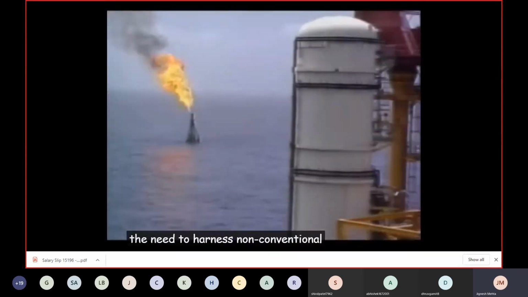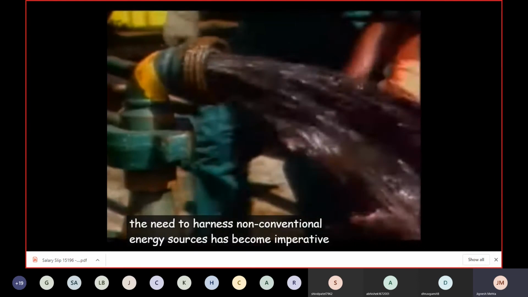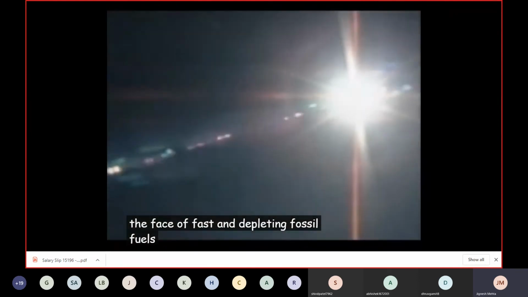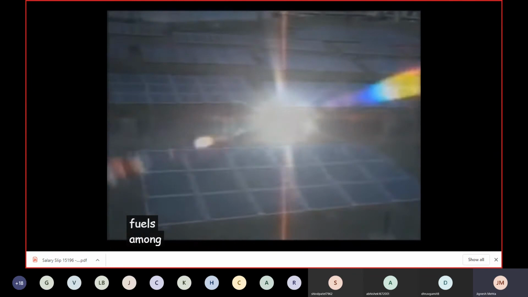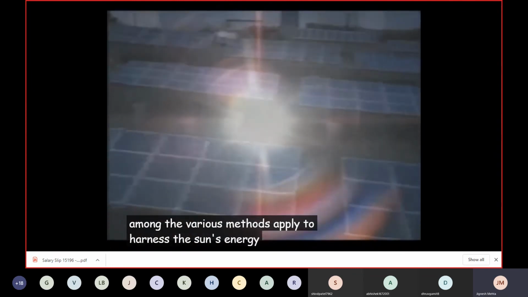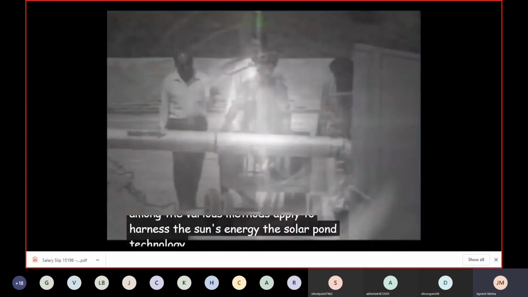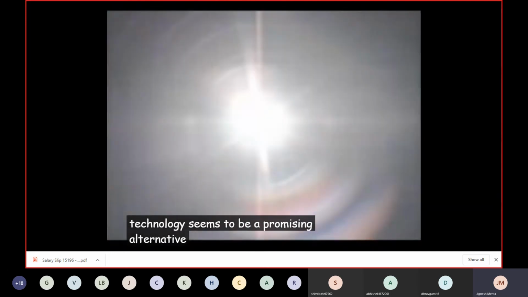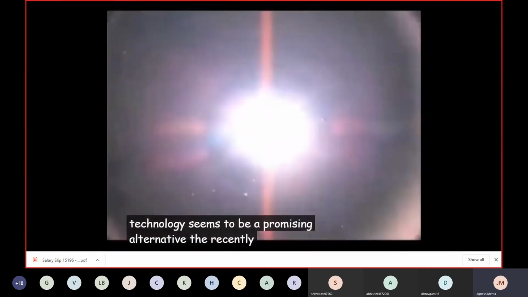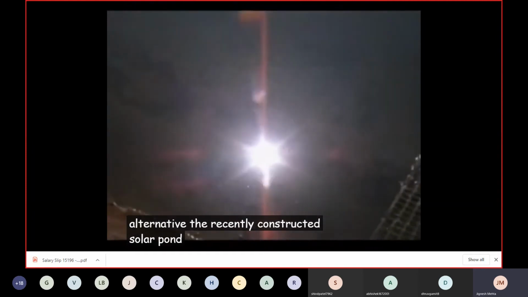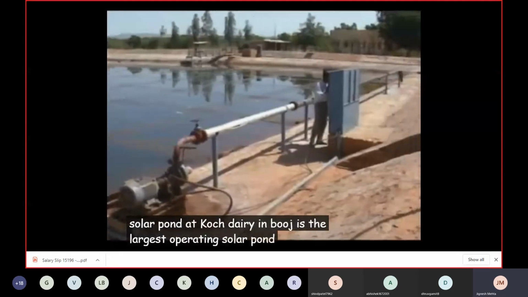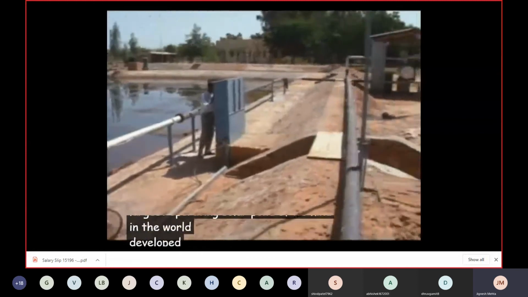The need to harness non-conventional energy sources has become imperative in the face of fast depleting fossil fuels. Among the various methods applied to harness the sun's energy, the solar pond technology seems to be a promising alternative. The recently constructed solar pond at Kutch Dairy in Bhuj is the largest operating solar pond of its kind in the world.